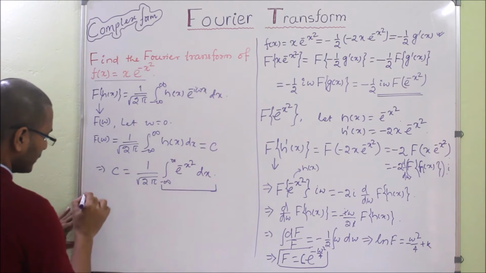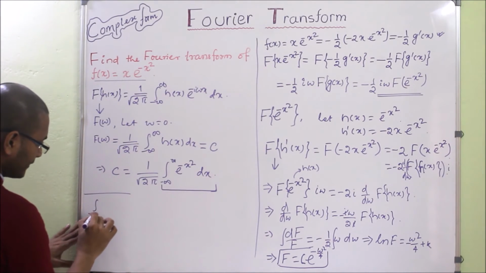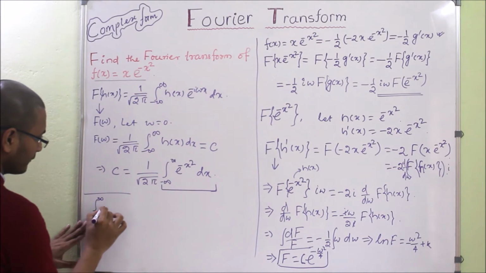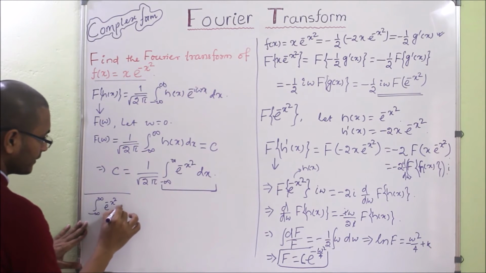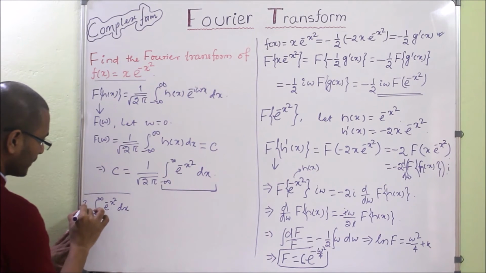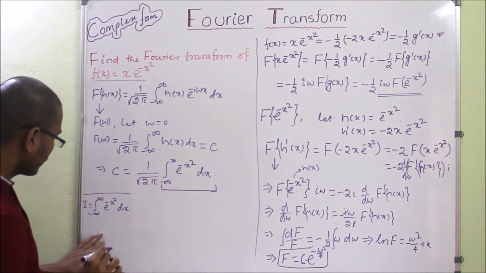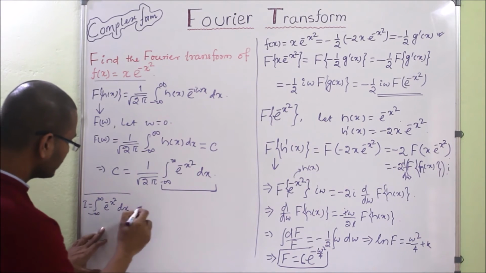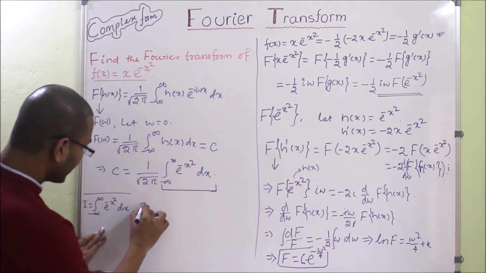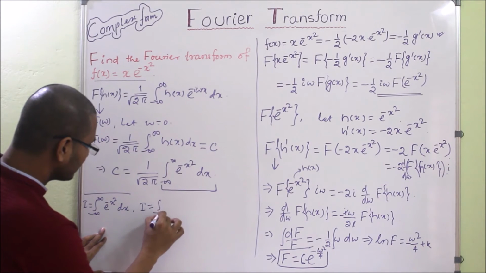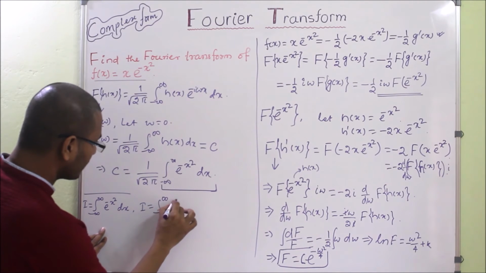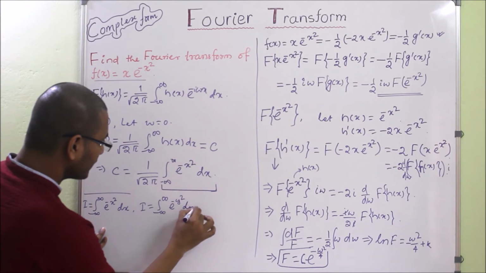Now we are going to see how to find this integral from minus infinity to infinity e to the power minus x square dx. This is a very important part. So just see how it will be. So I equals this. So this again I can write I equals integral from minus infinity to infinity e to the power minus y square dy. Yes or no?